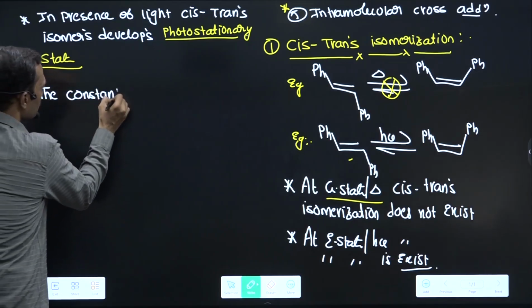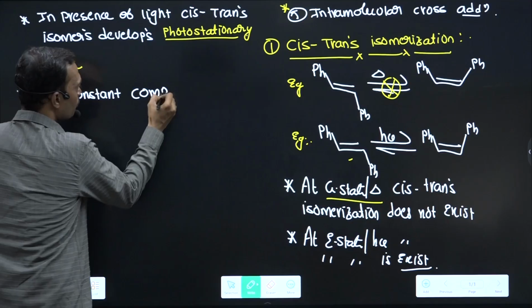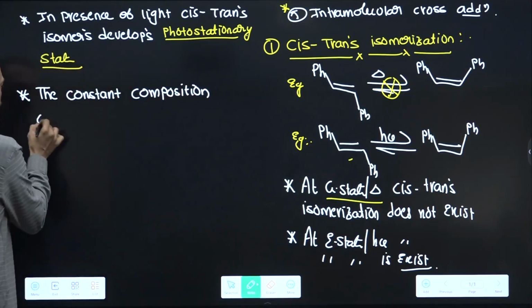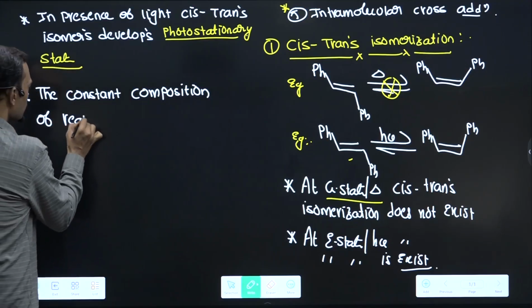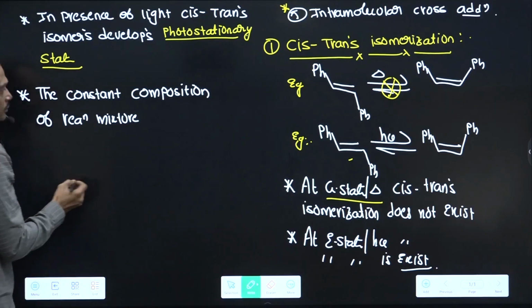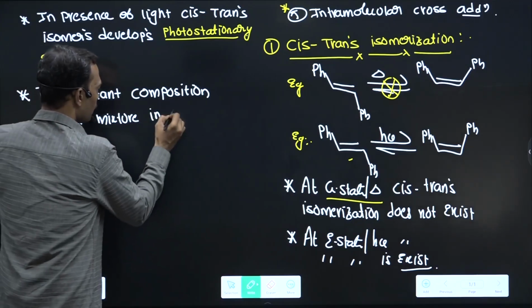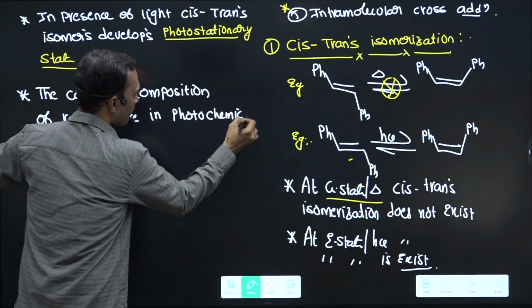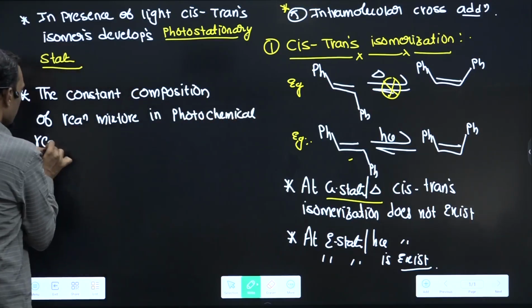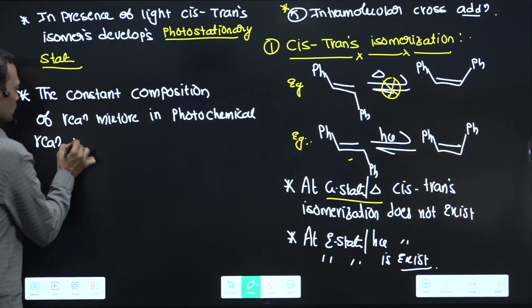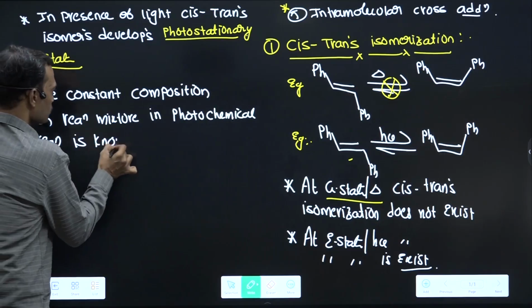See, the constant composition of the reaction mixture or cis-trans isomers in photochemical reactions. In photochemical reactions, constant composition is observed, that is known as the photostationary state.